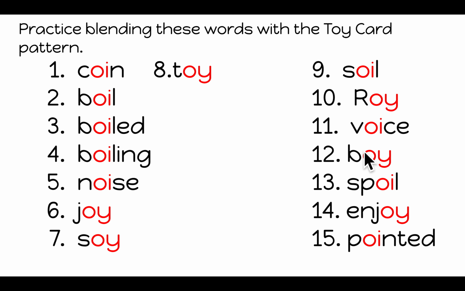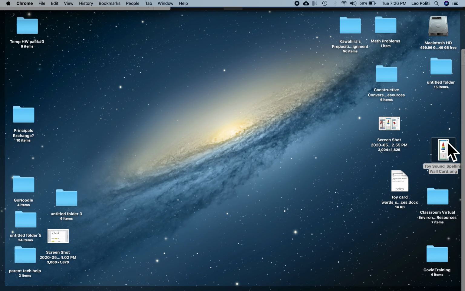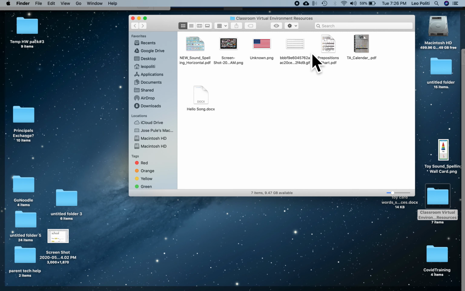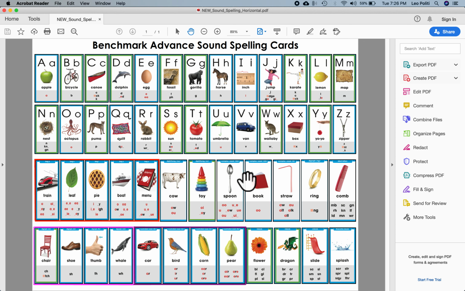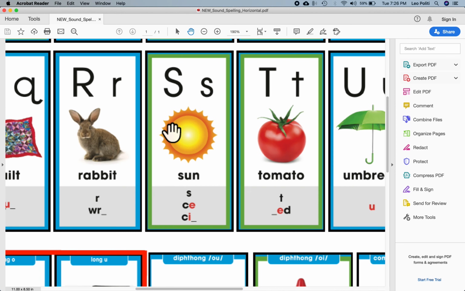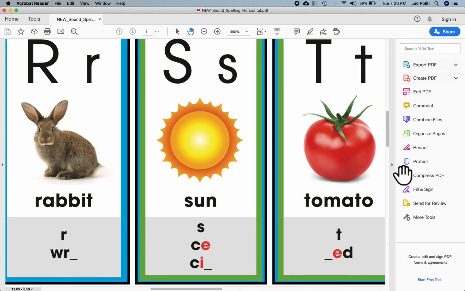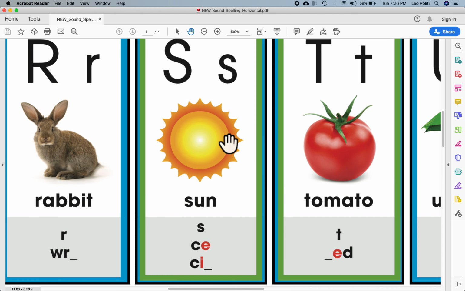Okay, and I can remind you by, let's take a look at our sound spelling cards. Okay, let me take that out for you to see. Soft C, s, s, s. That's the sun card. Let's zoom in on the sun card. Okay, there. Sun card, s, s, sun.